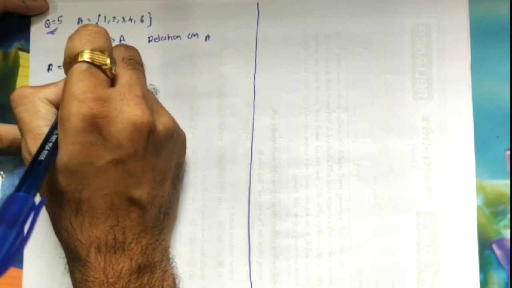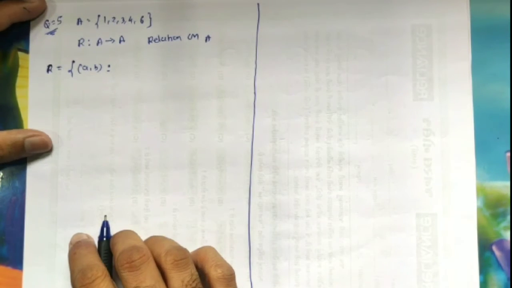To answer question 5, set A is there, R is the relation on set A, and the description is also given. So relation R is nothing but the set of ordered pairs (a, b), है ना. x, y दिया करते थे, अभी a, b दे दिया.